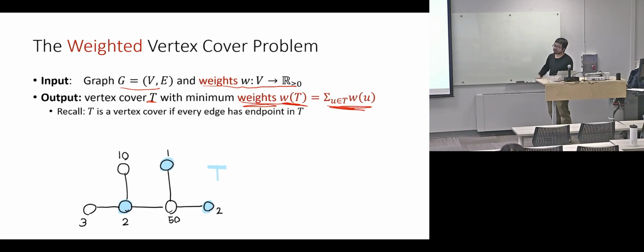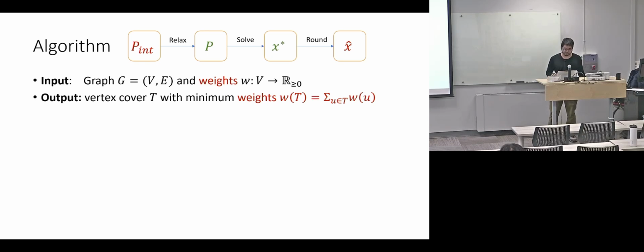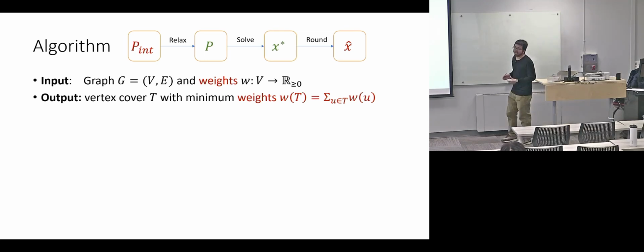So let's try to solve this using LP rounding. The first step is to model the problem as an IP. So how do we do this? Basically, you just look at the type of the output.